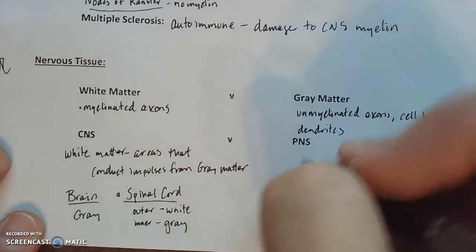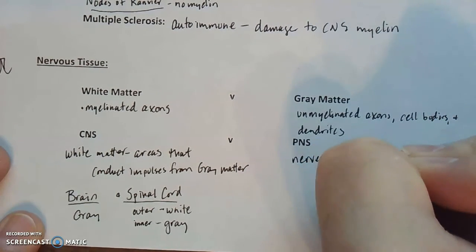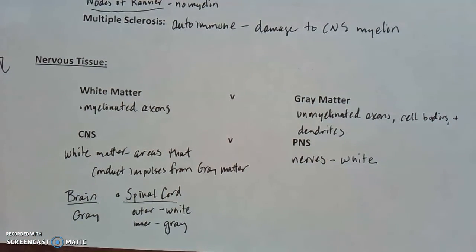The peripheral nervous system, nerves are white matter. So if you actually ever get a chance to look and see what a nerve looks like in the body, it basically looks like a very pale whitish color piece of pasta that's cooked. So it looks like a large piece of fettuccine almost in the body.